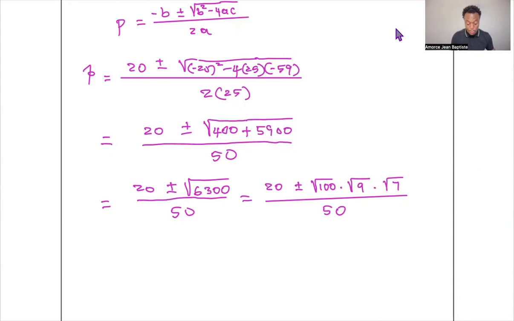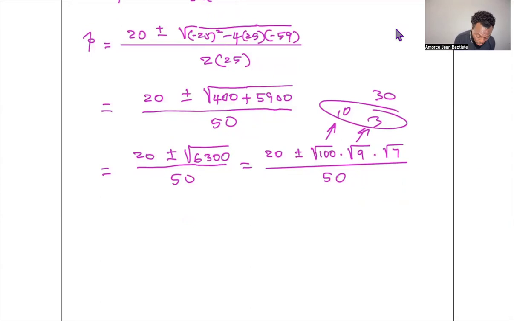So that's perfect for me. This one will be 3, and this one is 10, and multiplying them together, that's 30. So p equals 20 plus or minus 30 square root of 7 over 50.